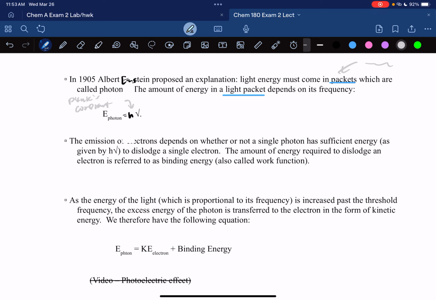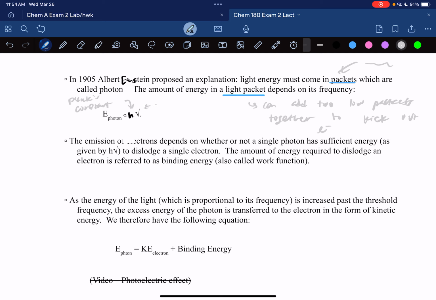You can just add them up like that, okay? So that you can add up two low energy photons to do the job of kicking the electron up, okay? So as the energy of light, which is proportional to the frequency, increases past the threshold, the excess energy of the photon is transferred to the electron in the form of kinetic energy. What if I put in more than the minimum frequency?